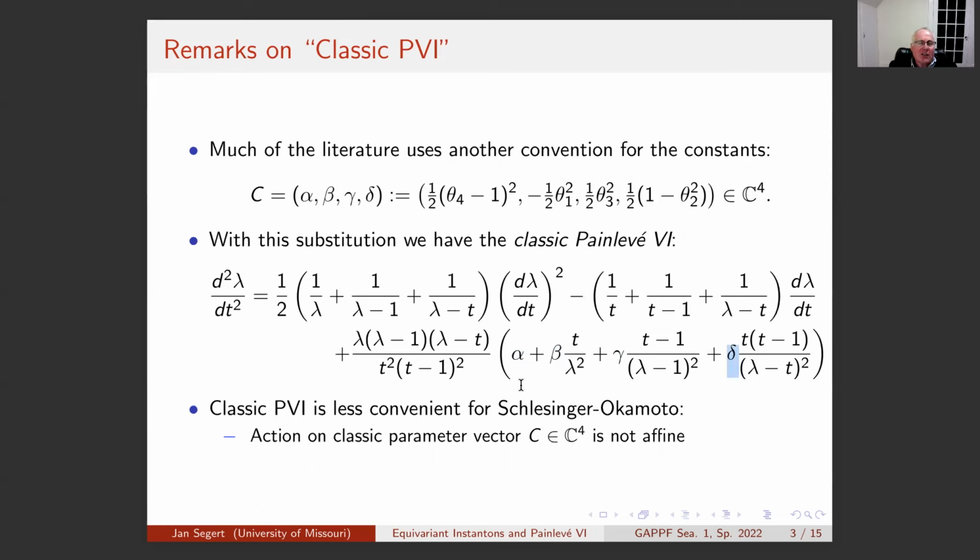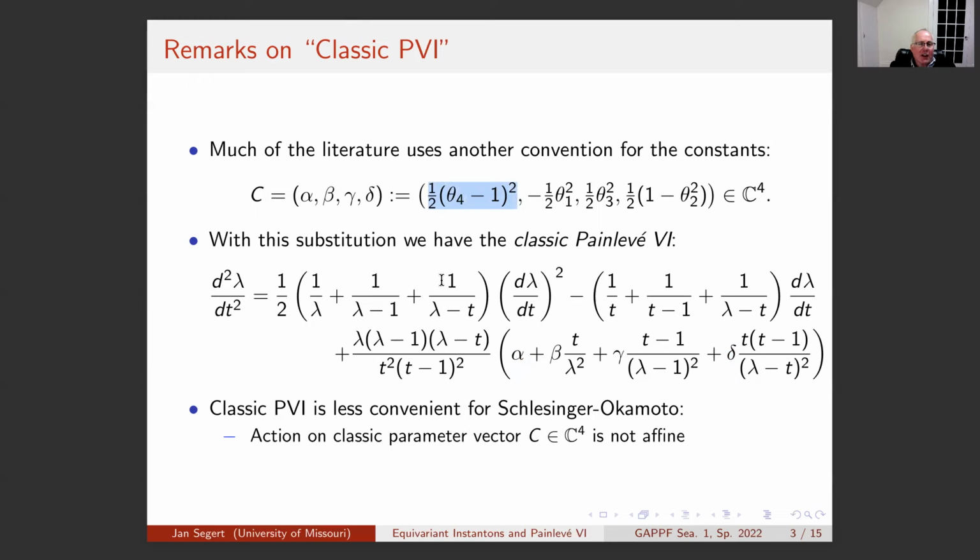But the previous version has an advantage: the Schlesinger-Okamoto transformations actually act affinely by this affine Weyl group on the thetas, but they don't act very nicely on these. So a nice reason, if you're studying Schlesinger-Okamoto, is to replace these with these combinations, and then on that set of thetas, they act better.